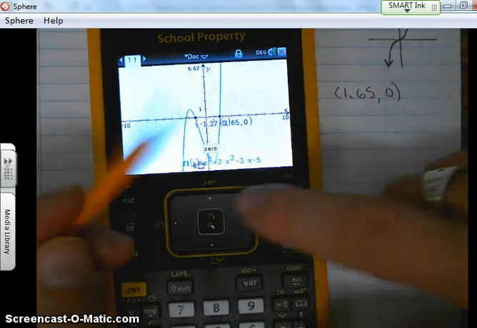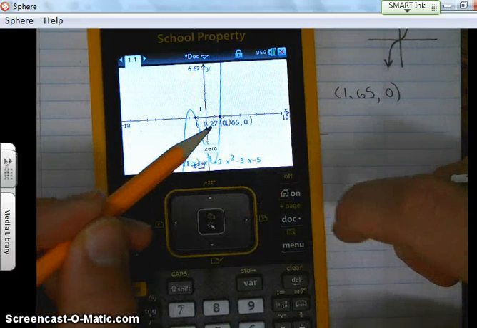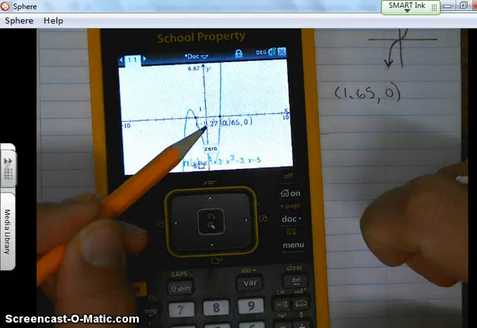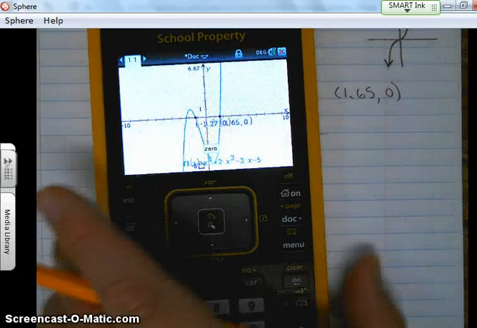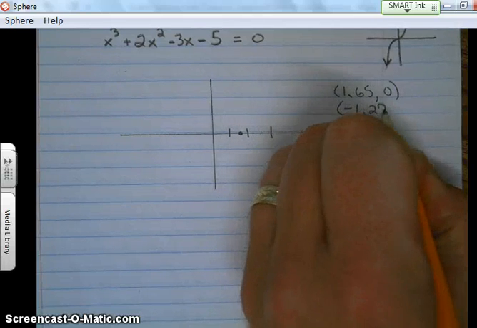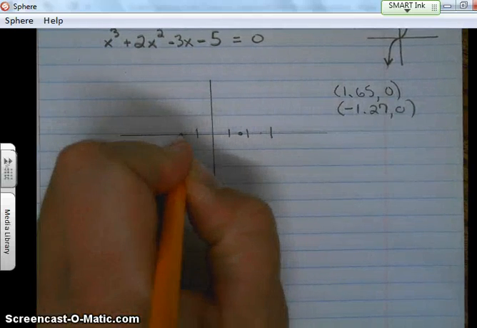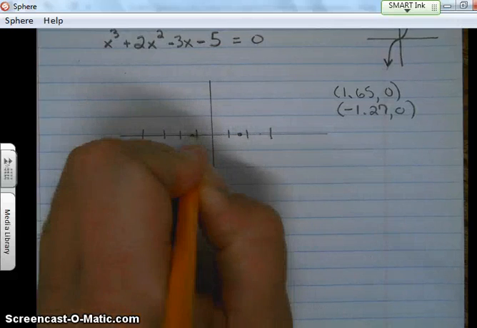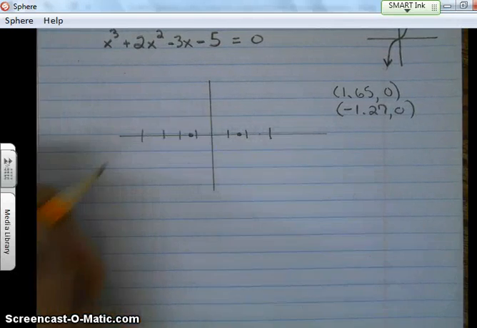It gets a little confusing because these things fall on top of each other. It's going to be negative 1.270. So there's our other 0.